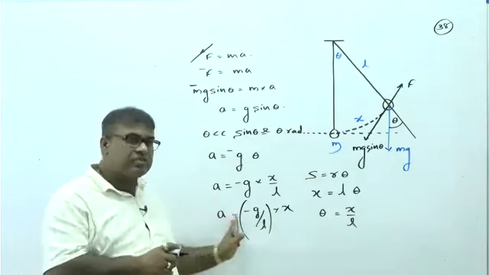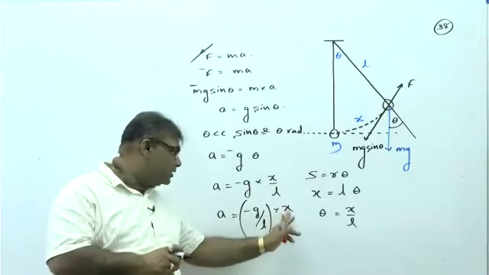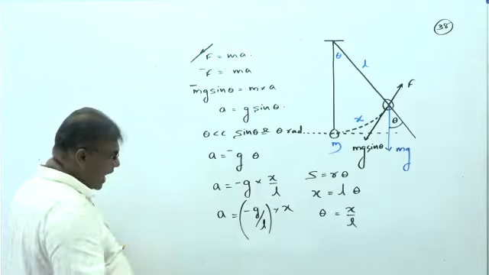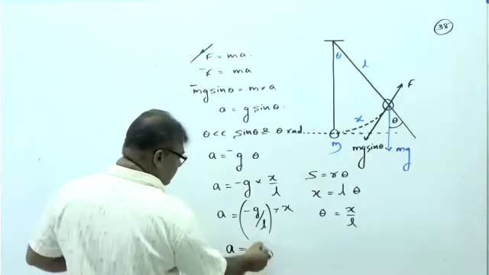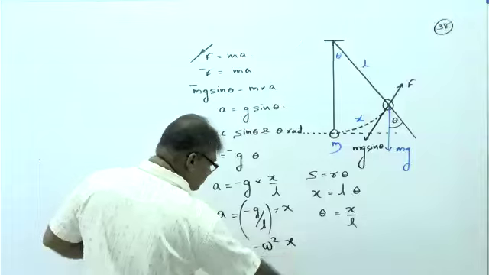Then the pendulum shows simple harmonic motion as a is directly proportional to x. As well, a equals minus omega squared x, no?